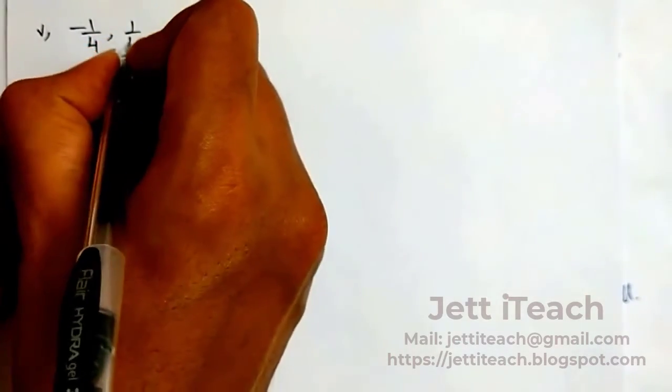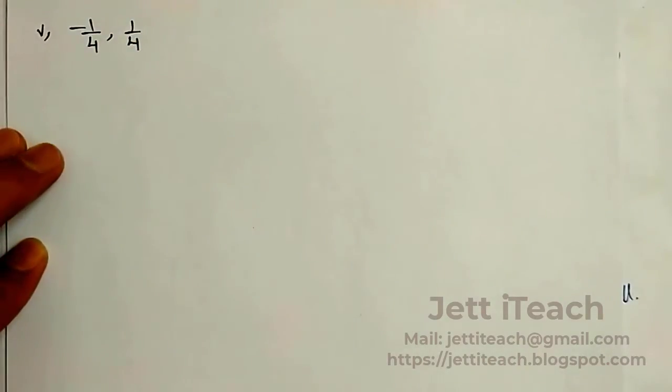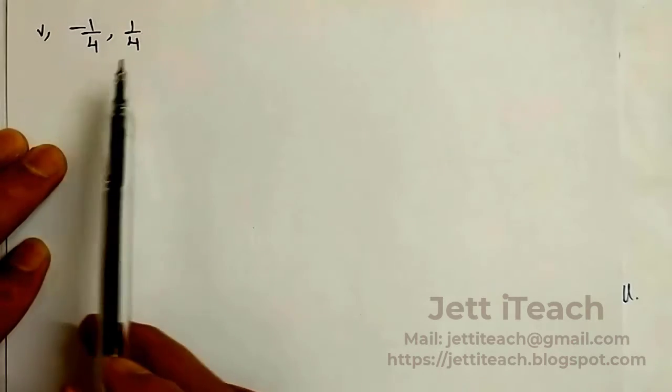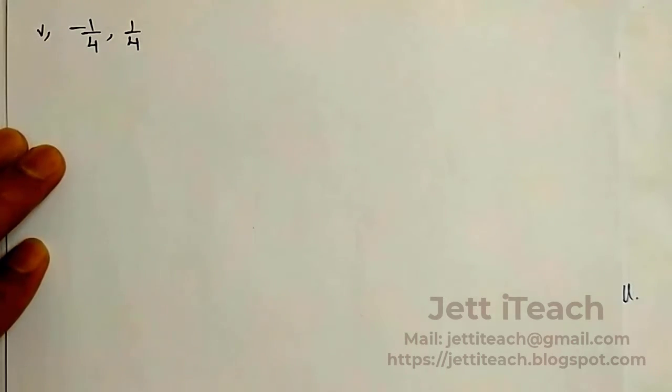Fifth one, minus 1 by 4 comma 1 by 4. Sum of the roots is minus 1 by 4, product of the roots is 1 by 4.